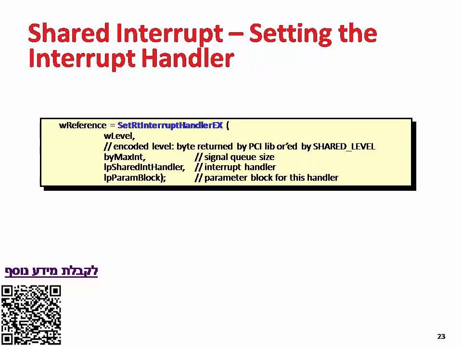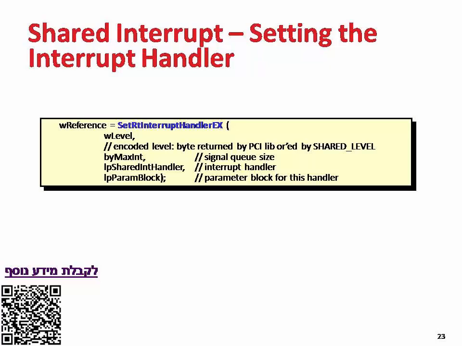Example for setting an interrupt handler for shared interrupts of PCI devices. See slide PCI interrupts, for details on how to use the PCI library. For PCI and MSI interrupts, use setRTInterruptHandlerEX to set the interrupt handler. The first three parameters are identical to the function setRTInterruptHandler, see respective slide further up.